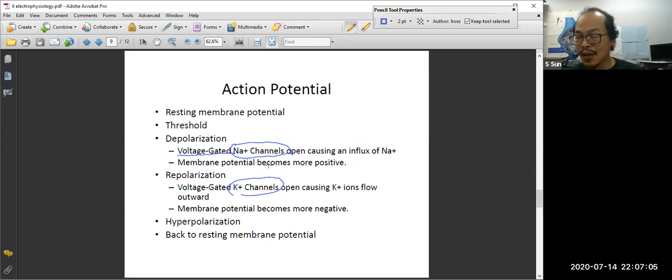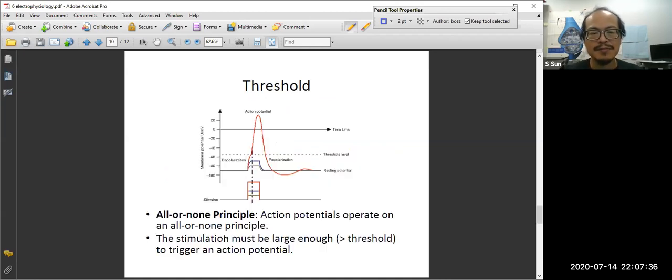Now the potassium channel opens, and potassium flows out because inside has more potassium. So potassium flows out to make the inside more negative, and that brings the membrane potential back to polarized, about -70. Then we have a period of hyperpolarization, and then back to the resting membrane potential.